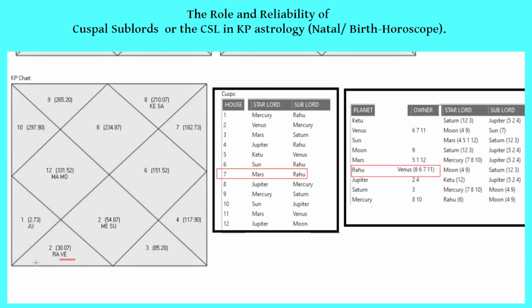No doubt, Rahu is placed in the sixth house, which is a bad or negative house for the marriage. But if you just follow the Cuspal Sublord rule, if the sublord of the seventh cusp is indicating 2 or 7 or 11, then the marriage is promised. So you can see that in this chart also the marriage is promised.